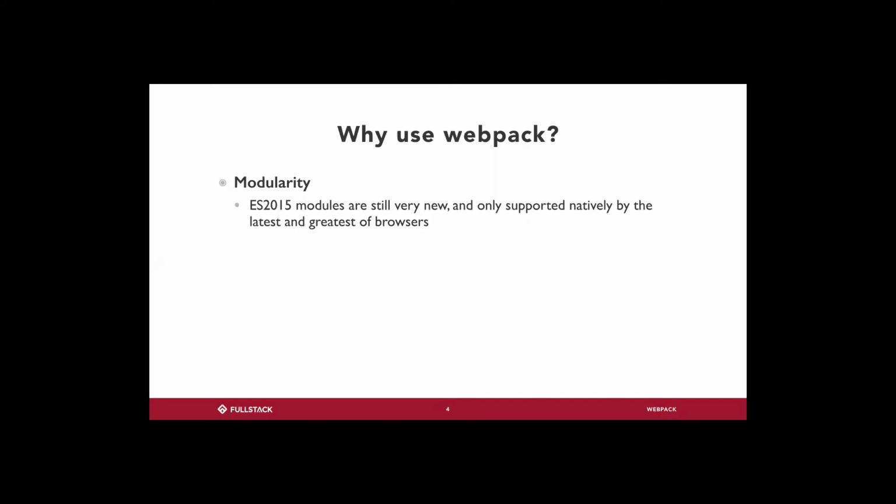If you have a script with a type of module, then your browser will in fact be able to execute that code in a modular way. It won't pollute the global scope. But they're still very new, and you can only do this in the very latest versions of the coolest browsers.